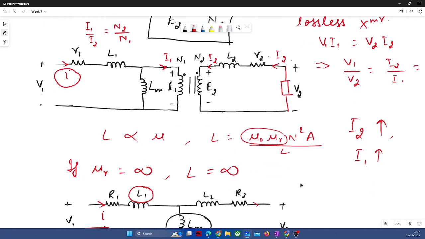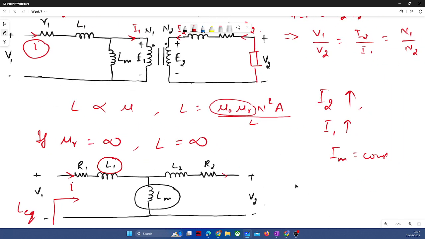And if your core is saturated or your flux is proper to operate, your IM is the same, whatever it was. So now your IM is the same and your I1 is increased, so your power factor will also improve. As you increase I1, your working component IW will have two components, right?